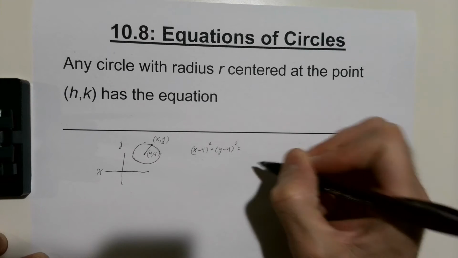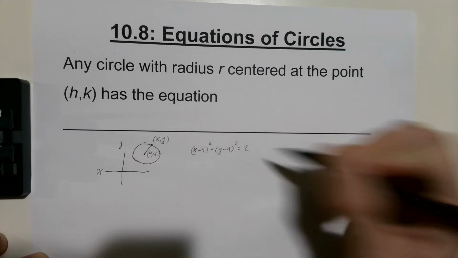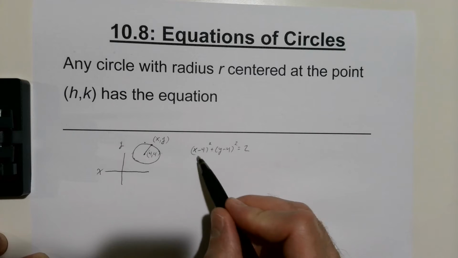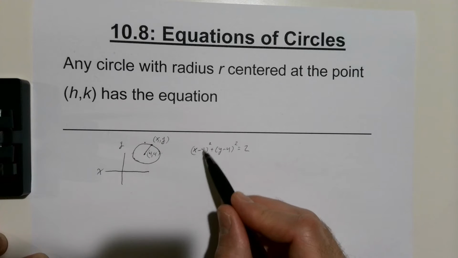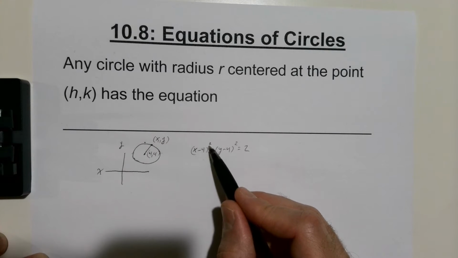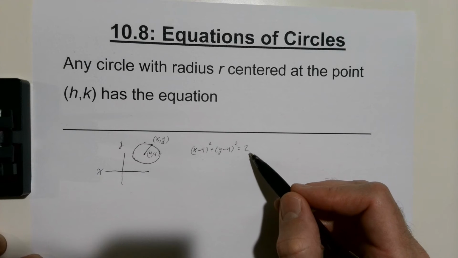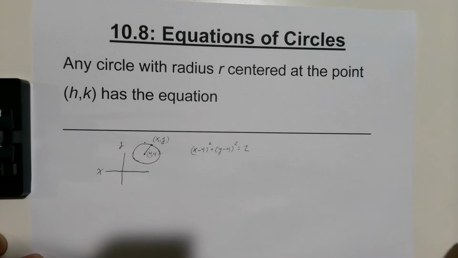That's supposed to have a distance of 2. Each of those changes is being squared, and that's equal to my radius.